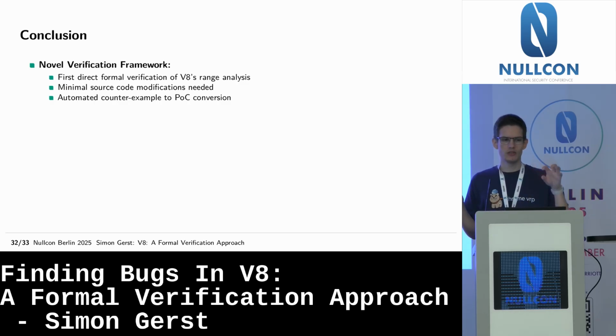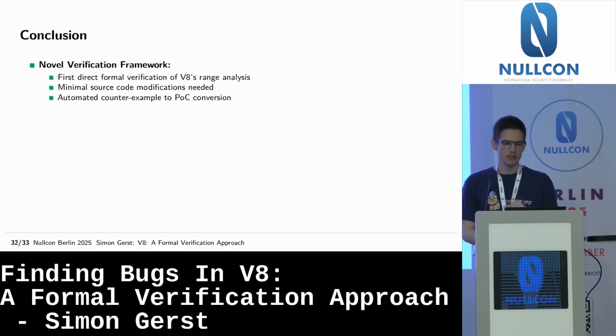But if you translate from your source language to your target language, you can also make mistakes during the translation. And this is something I successfully could avoid. I still had to do some minimal source code modifications, but they were unrelated to the range analysis itself.